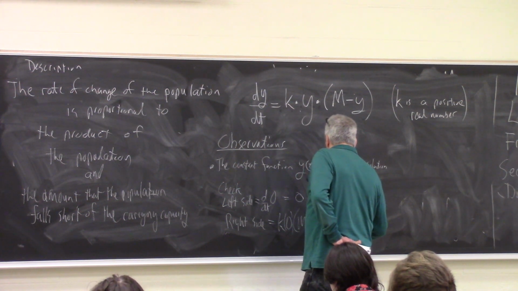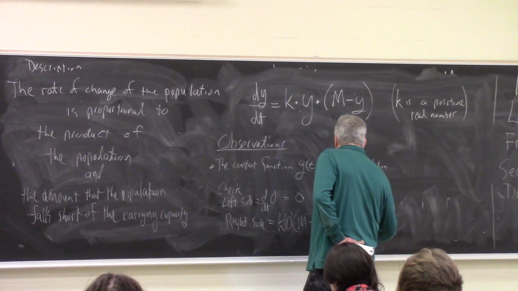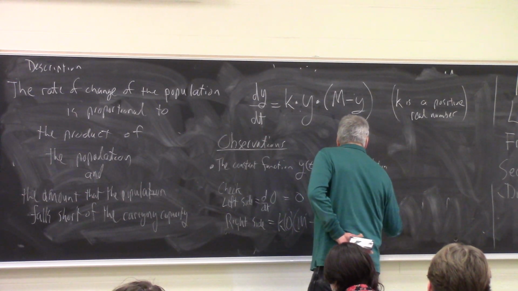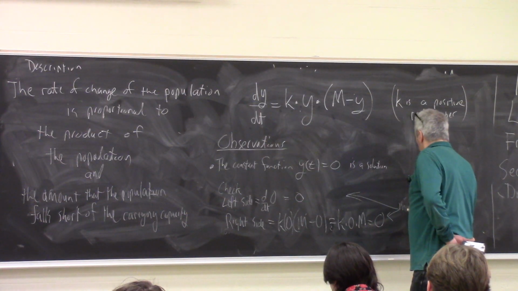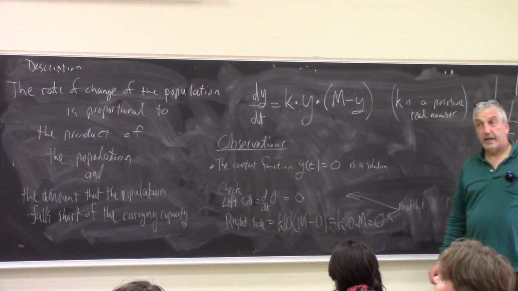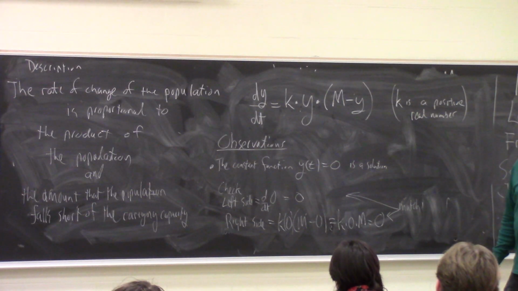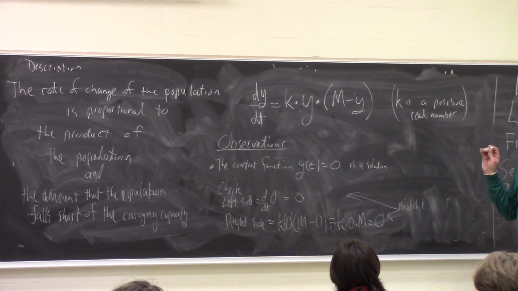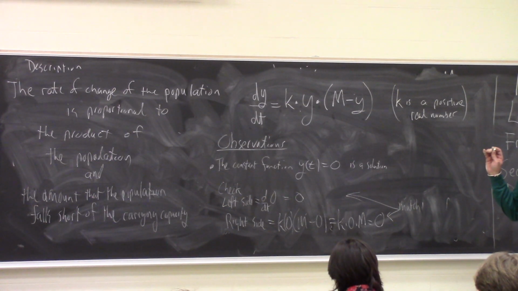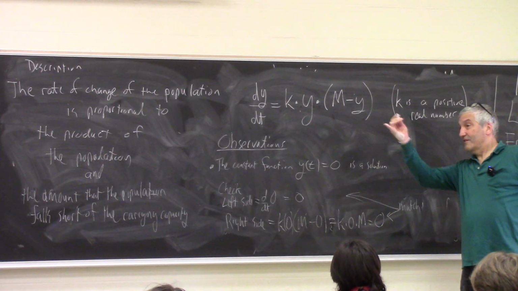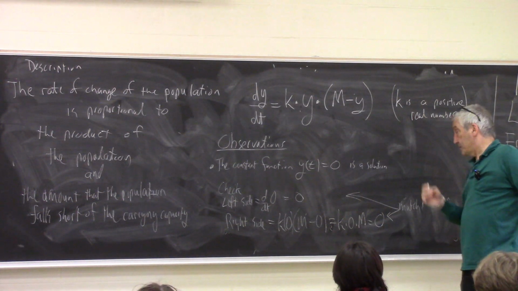So k times 0 times M, so that's the number 0. Great, these match. All right. Can anybody spot any other constant solutions? I've already called on you, so Jason? M.